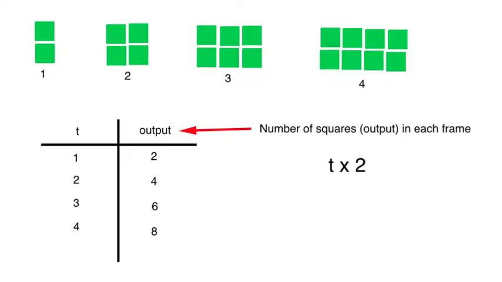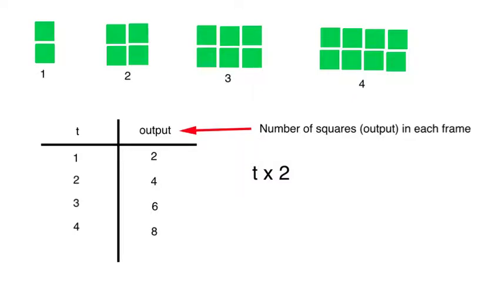Often in algebra, when you have something like T times 2, it might also be written like this. And you have to be aware of that, so that T times 2, or 2T, would give you the output. Whether you write T times 2 or 2T, it doesn't really make a difference.